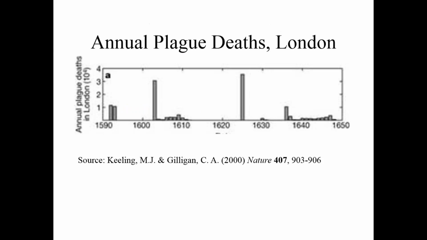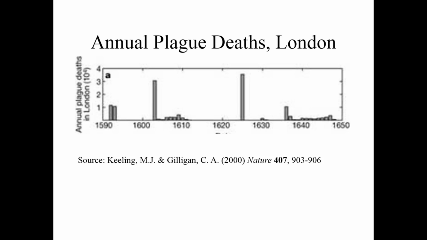When does it occur? This is just a diagram of annual plague deaths in London. And you can see the plague comes in and out over this 60-year period, which of course brings up the issue of, is a disease rare? What's a rare disease? Well, sometimes it's rare, sometimes it isn't. In some communities, a certain disease is rare, like rabies, and in others it's not.